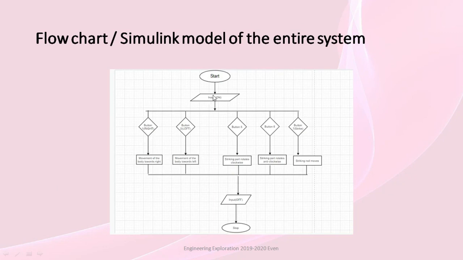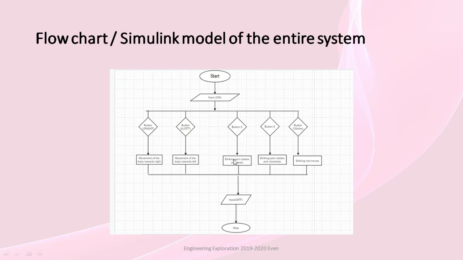Firstly, the robot is on. When button 1 is pressed, the robot moves right of the carom board, and when button 2 is pressed, it moves to the left of the carom board.